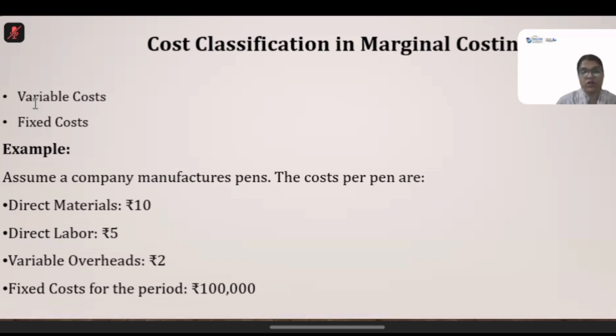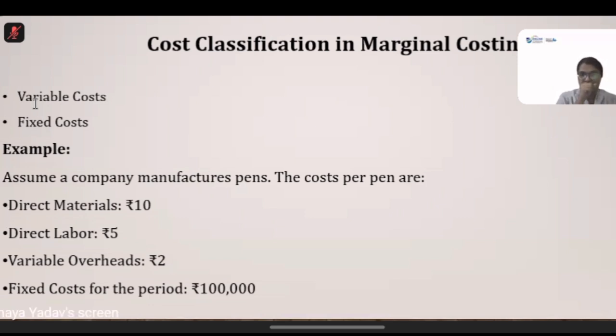Then comes fixed cost. Fixed means what will remain the same, which will not change, which remains constant irrespective, students, of the production level. For example, your rent, salary, depreciation if it is on the fixed cost method. So that is where we have fixed cost in consideration.